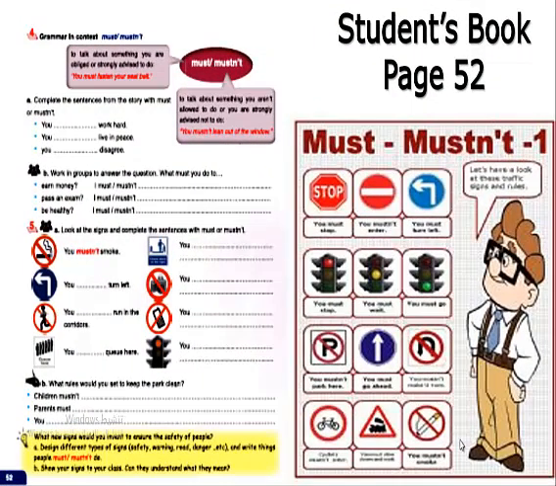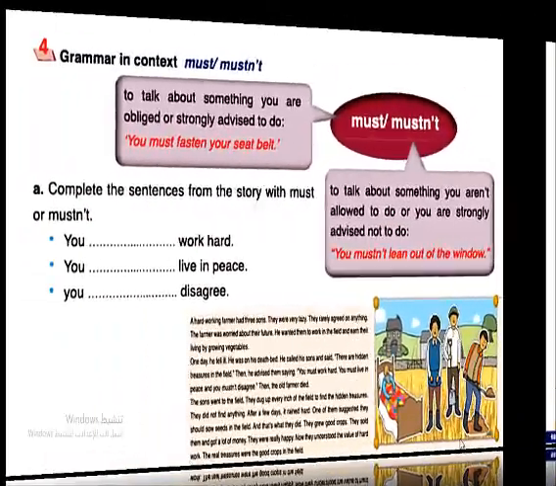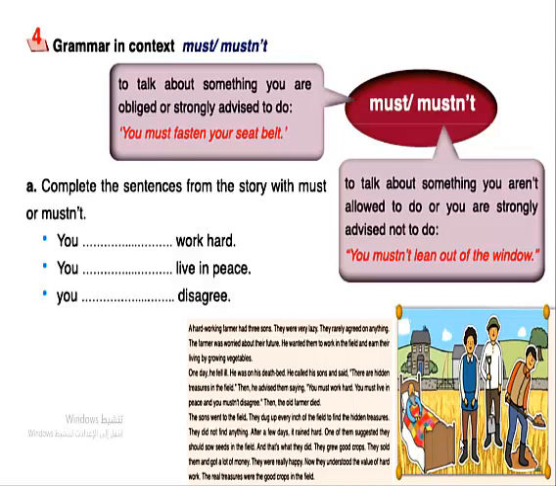Students book, page 52. Grammar in context. Must and mustn't. We use must to talk about something you are obliged or strongly advised to do.